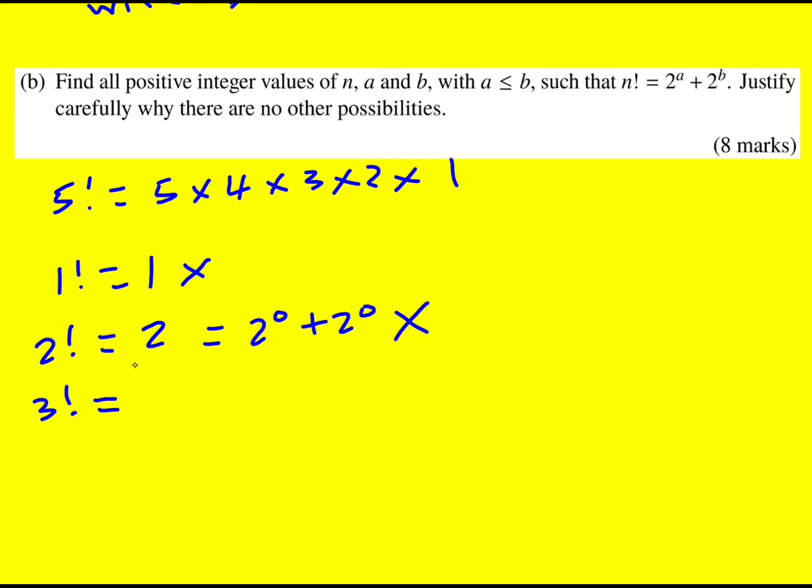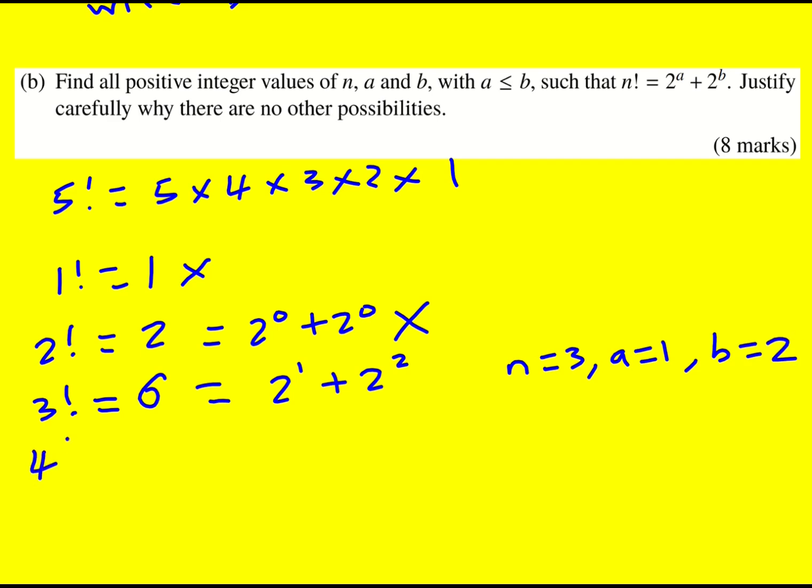3 factorial is 3 times 2 times 1, it's going to be 6. Now I can get that by doing 2 to the 1 plus 2 squared. So one possibility is going to be n equals 3, a equals 1, b is equal to 2. 4 factorial is 24.